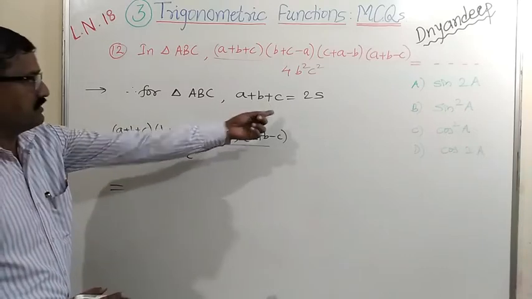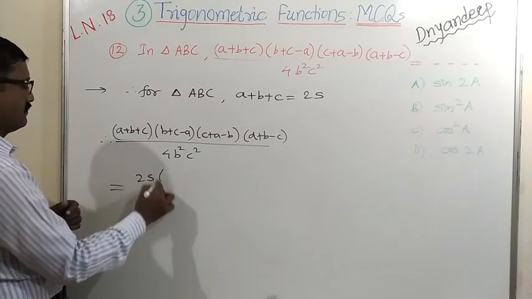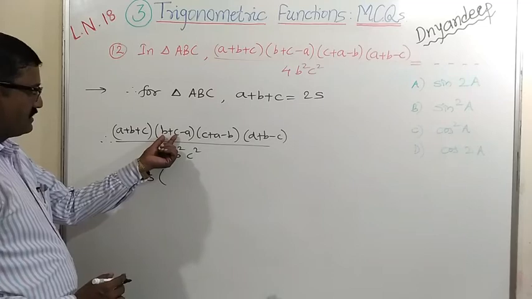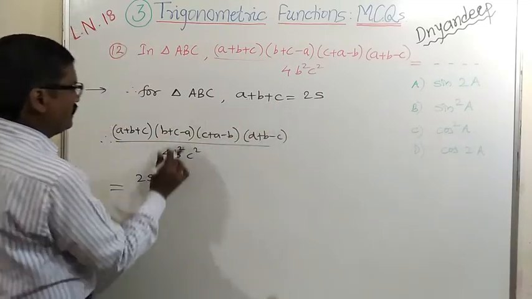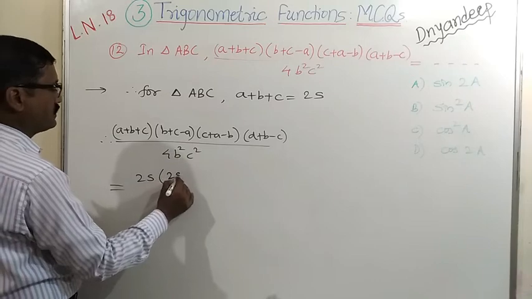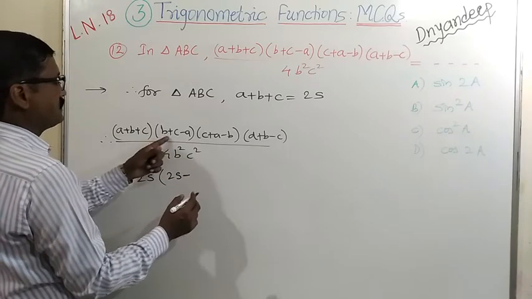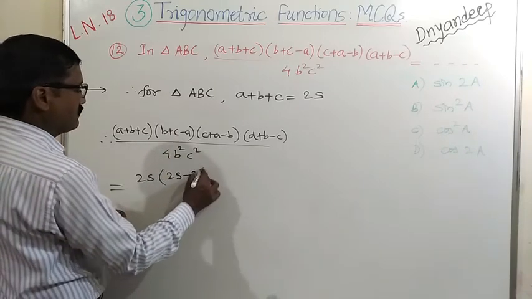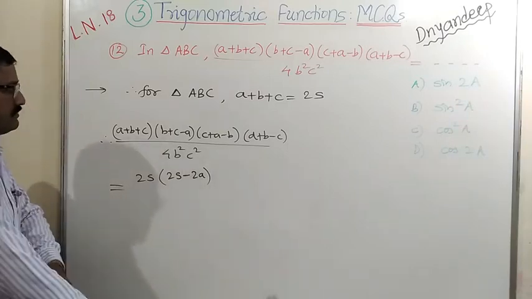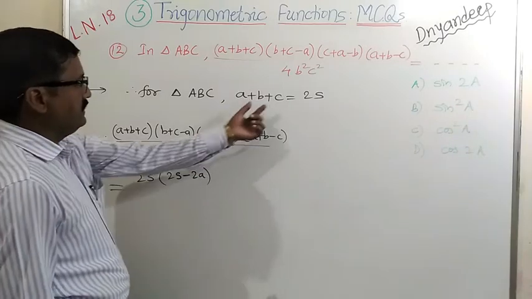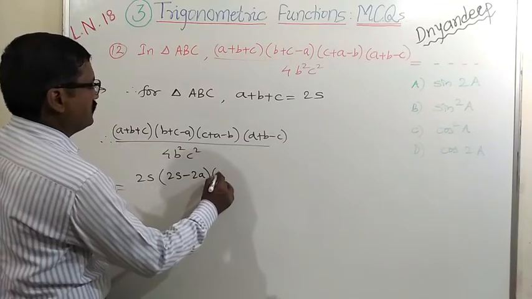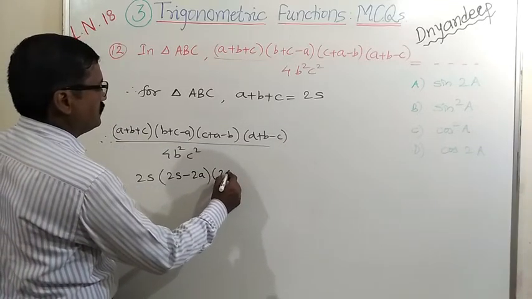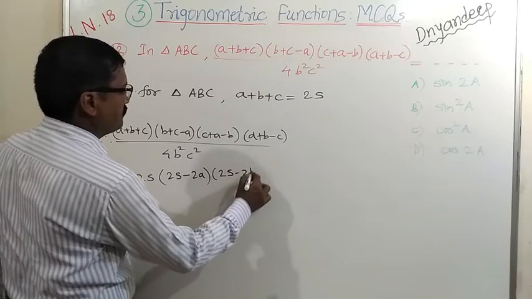Now a + b + c is equal to twice s. b + c is 2s minus a, so we get 2s minus 2a. Then c + a is 2s minus b, so we get 2s minus 2b.